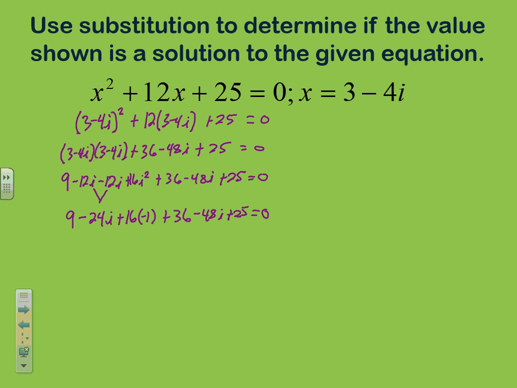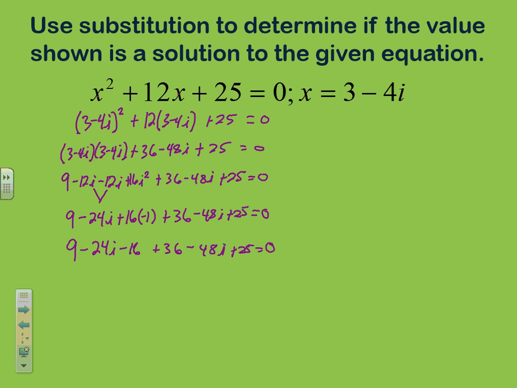And now let's just continue with our operations here. Let's change the 16 times negative 1 to a negative 16. So 9 minus 24i minus 16 plus 36 minus 48i plus 25.